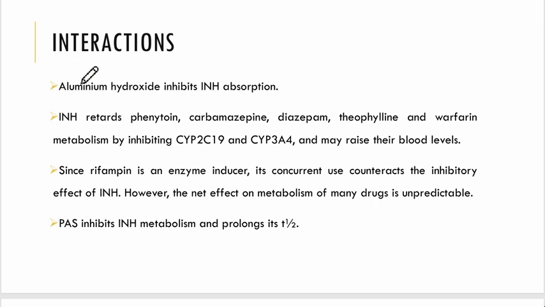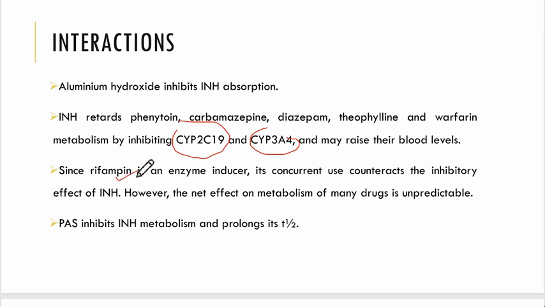Interactions: aluminum hydroxide inhibits isoniazid absorption. So generally it interacts with the antacids. It also retards phenytoin, carbamazepine, diazepam, theophylline, and warfarin metabolism by inhibiting CYP2C19 and CYP3A4 and may raise their blood levels. Since rifampin is an enzyme inducer, its concurrent use counteracts the inhibitory effect of isoniazid.